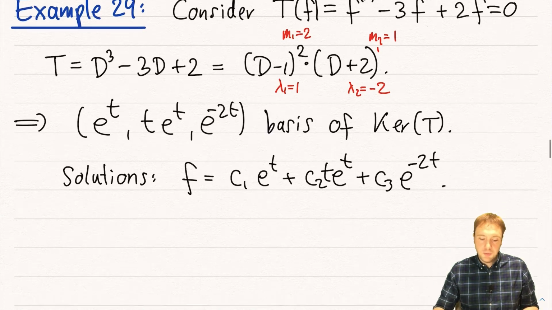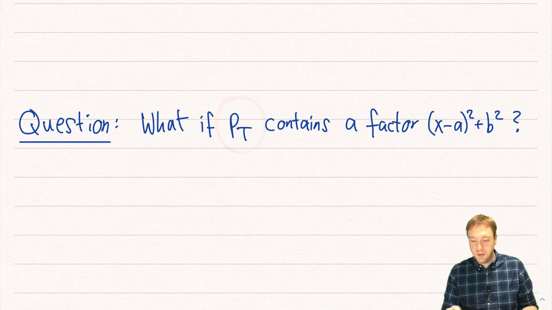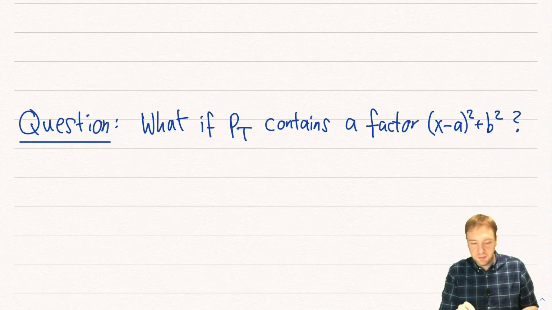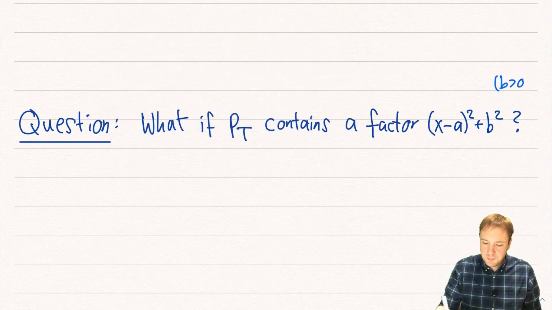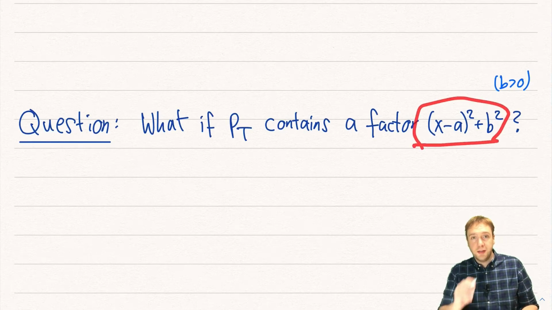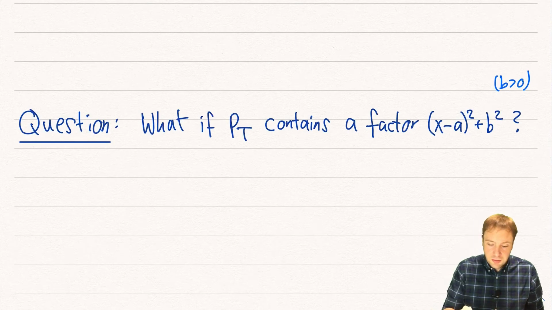Okay, so what happens if our characteristic polynomial has a factor like this, x minus a squared plus b squared, where this b is now positive? So this means we cannot write this as x minus lambda 1 times x minus lambda 2.